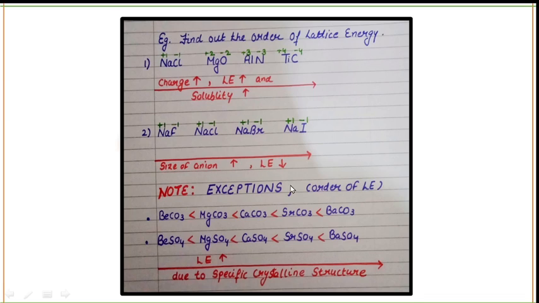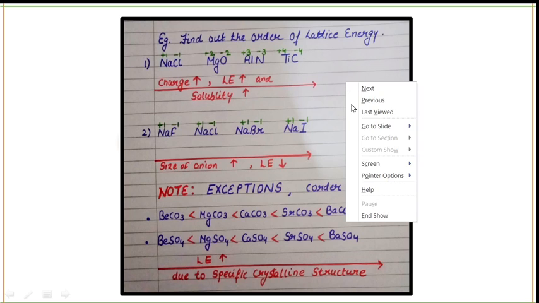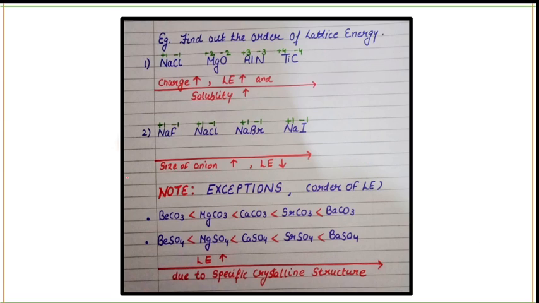Now there is an exception to this lattice energy order which you have to learn, and the exception is for the second group elements, that is the carbonates and sulfates of second group elements: BeCO3, MgCO3, CaCO3, SrCO3, BaCO3, and the same for sulfates.